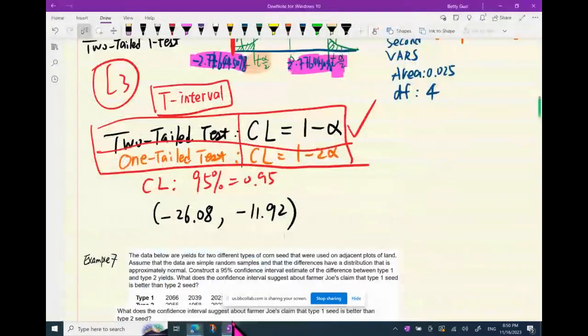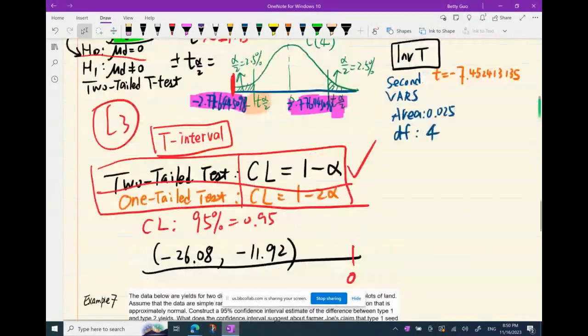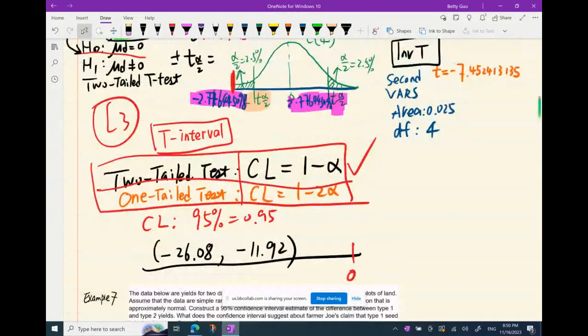Where's the 0? 0 is right here, right? This is 0. So that means mu sub d, with d being the first sample, is less than 0. So the confidence interval test can support mu sub d less than 0, actually.